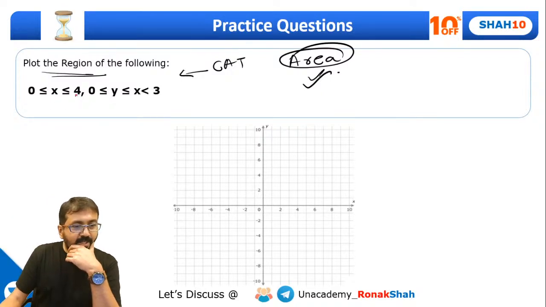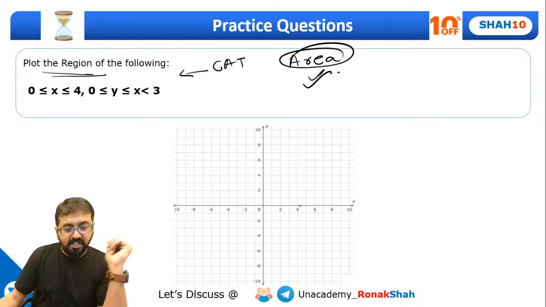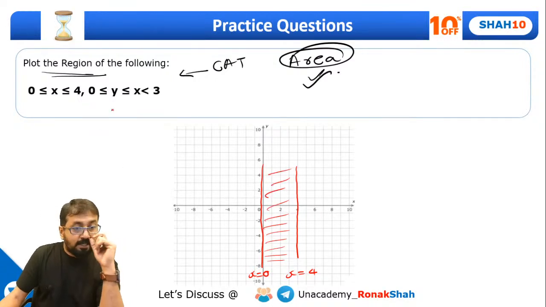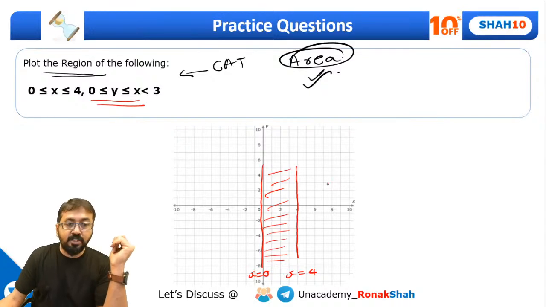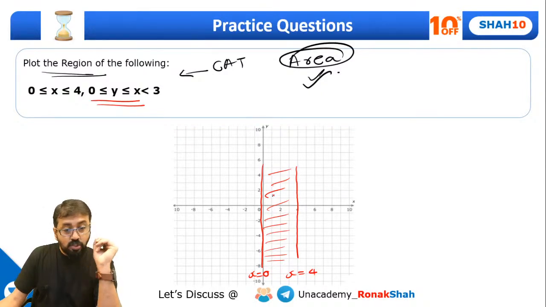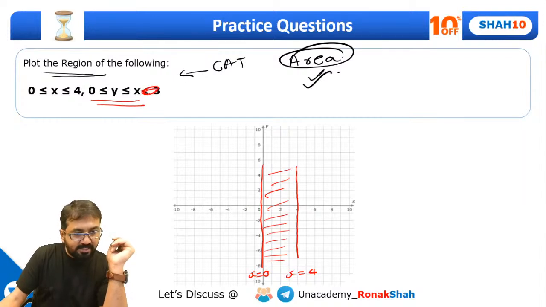So x is between 0 and 4. Definitely x equal to 4 is this line. This line is x equal to 4, y-axis is x equal to 0. So we need to take all the points between this, what I'm shading right now. Then y is less than x and x is further less than 3. Guys, this is not required. Just remove this.